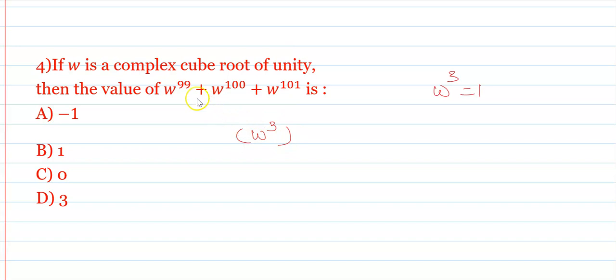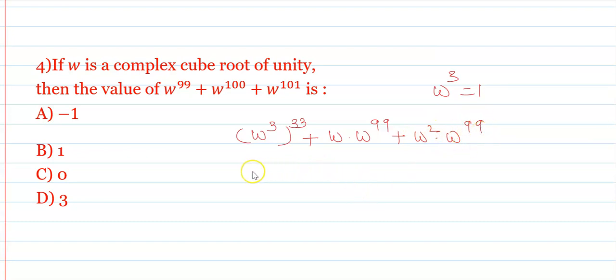Then we divide 99 by 3, so here you will get omega cube bracket raised to 33 plus omega raised to 100. Now omega raised to 100 can be written as omega into omega raised to 99. Omega raised to 101 can be written as omega square into omega raised to 99.